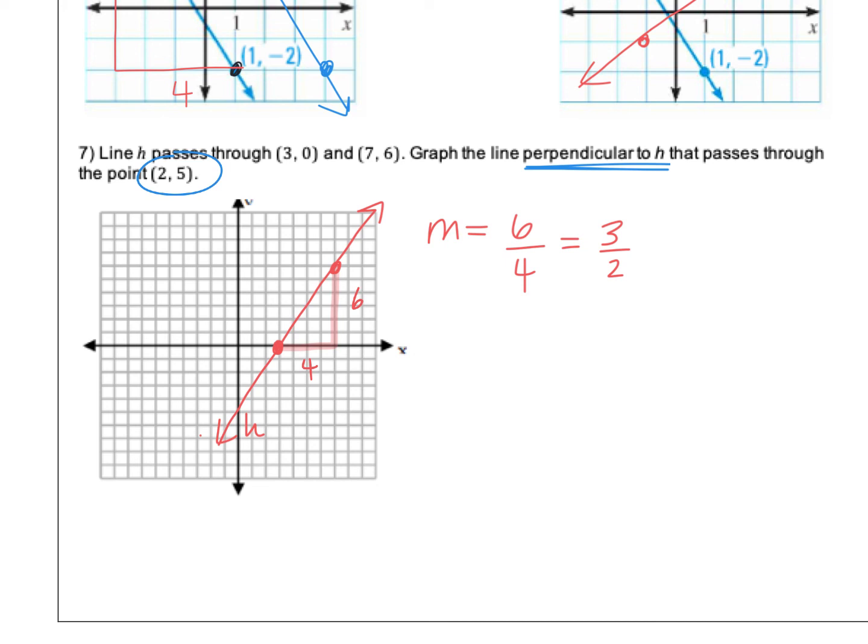So I would graph the point 2, 5 here. And then to be perpendicular to H, it would need to be negative 2/3. So go down 2, right 3. And draw your line. So this is the point that we went through at 2, 5, and then I did the slope from there.